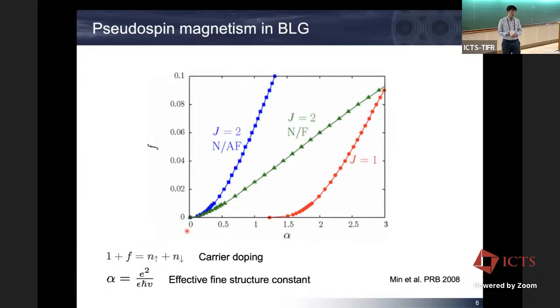And in this graph, we see that for single layer graphene, we need alpha to be sufficiently large in order to produce a broken symmetry phase. For n = 2, for bilayer, we get a Coulomb interaction instability for infinitesimally small Coulomb interactions. And that strength of Coulomb interaction increases when we increase the carrier density. So we'll get back to this kind of consideration later.